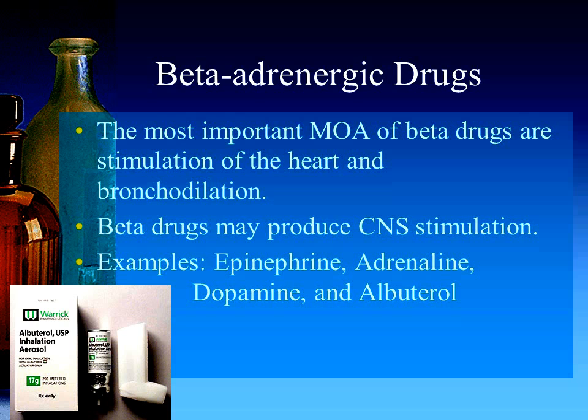And you might be able to think of some conditions in that. One common one would be asthma, where we want to dilate bronchioles. Now, the beta drugs, as a side effect, can also increase central nervous system stimulation.